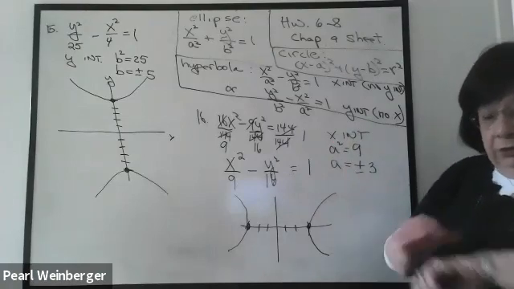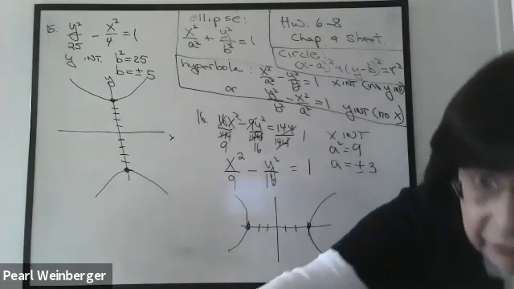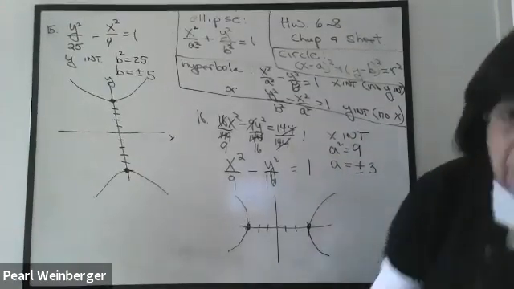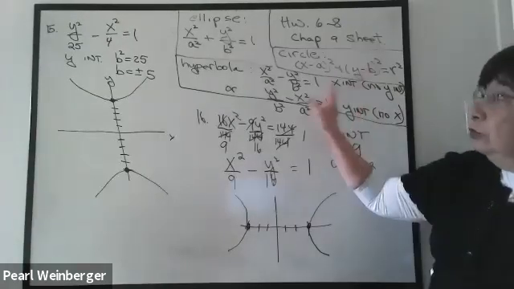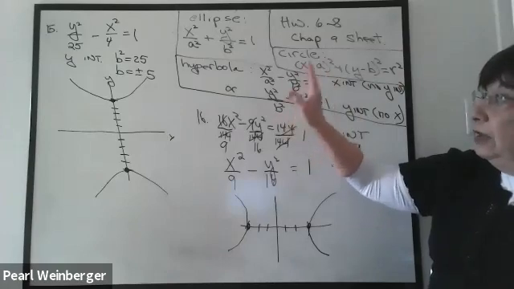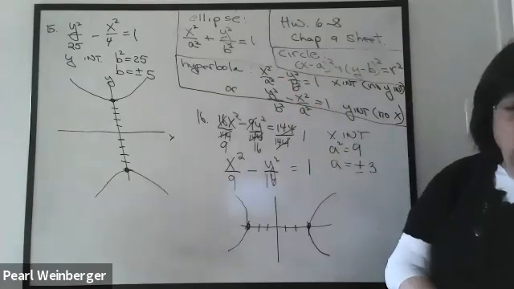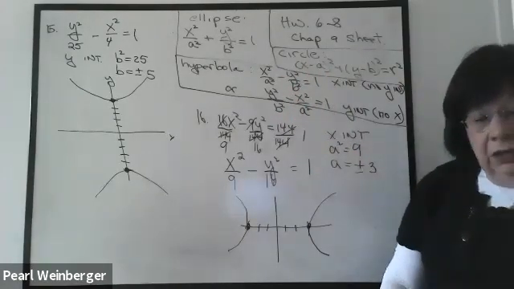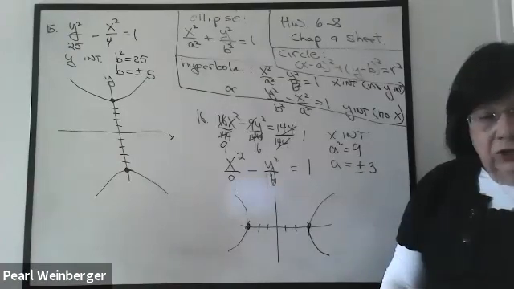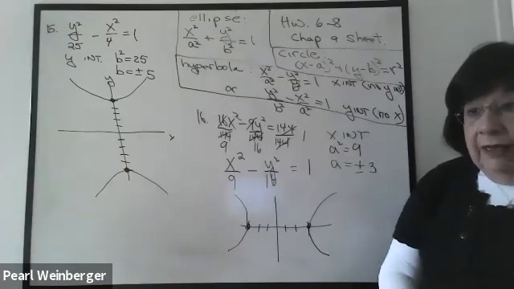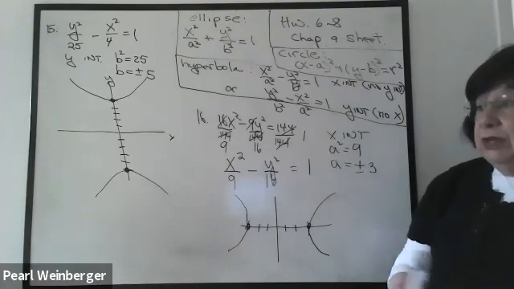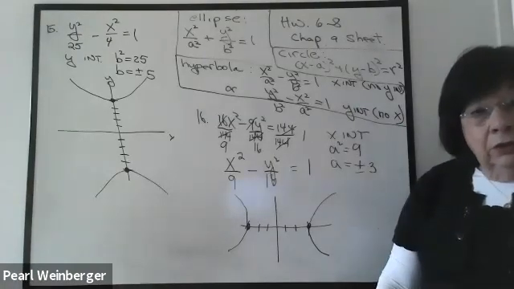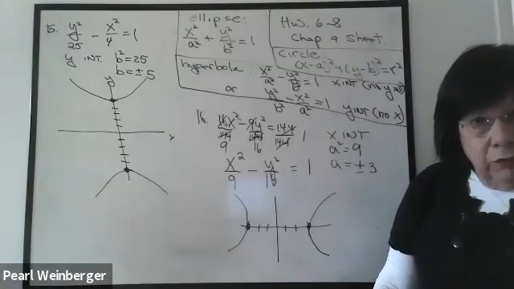So, unless there are some questions, we've now reviewed how to graph circles, hyperbolas, and ellipses. And there's one type of conic section left to discuss, and that is the parabola, and how do we recognize that we have a parabola, and what does it look like, and how do we graph it?